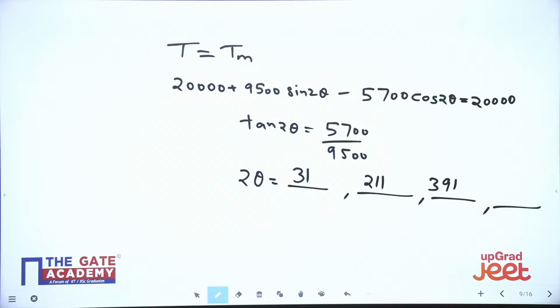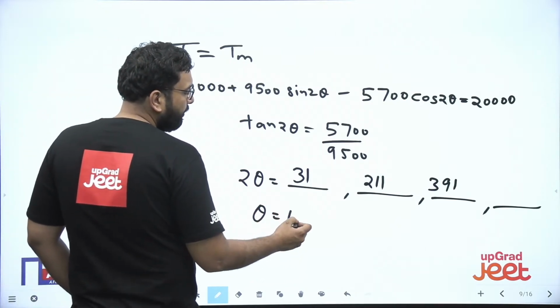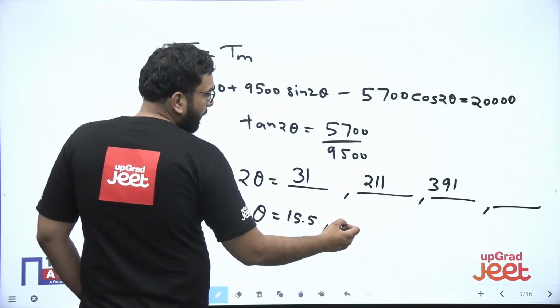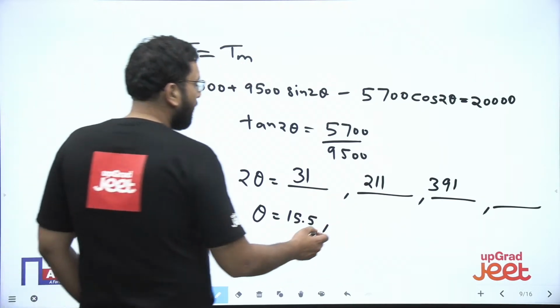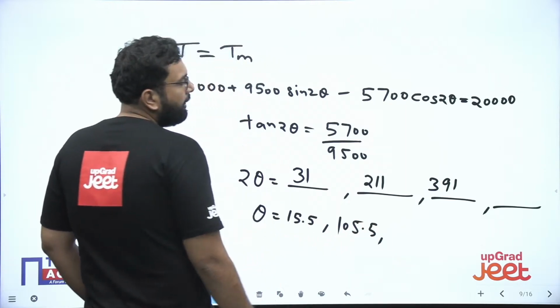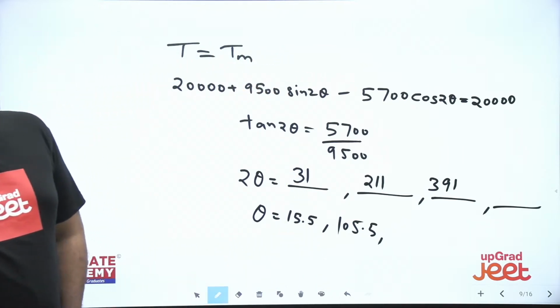Okay, so now what will be this theta? This is going to be 15.5. This is going to be 211 by 2, that is 105.5, and then 390.